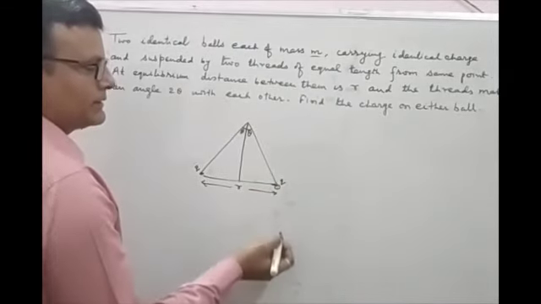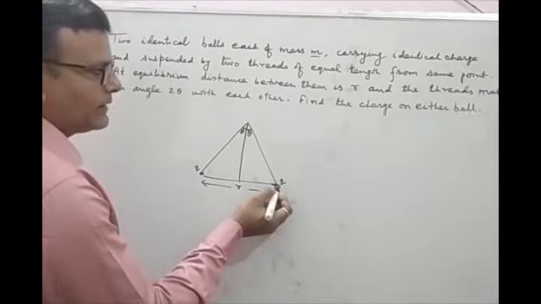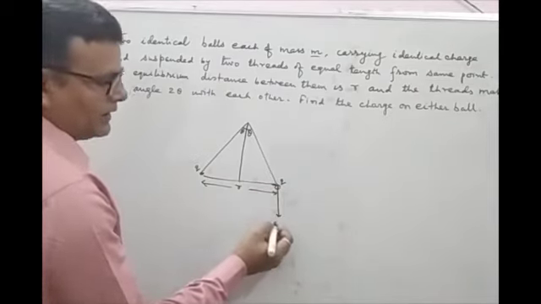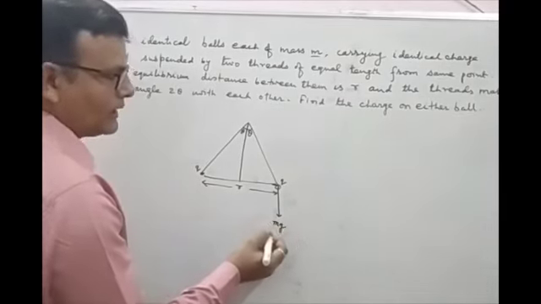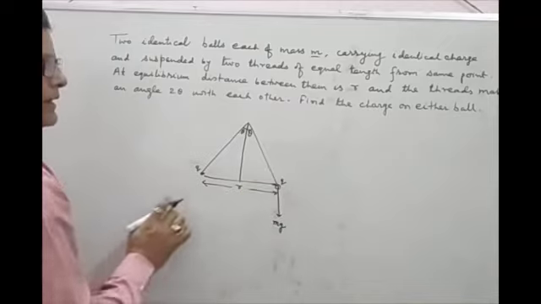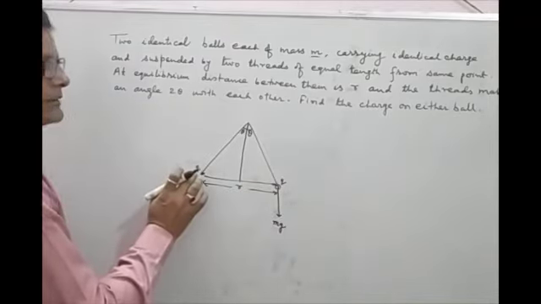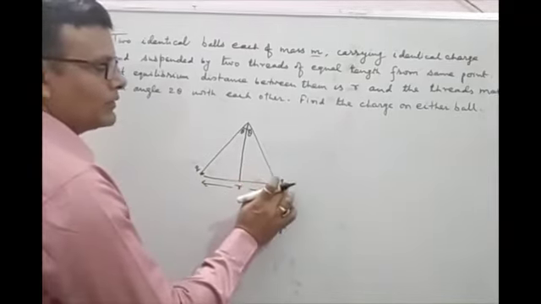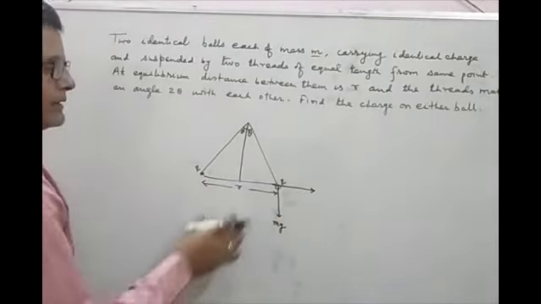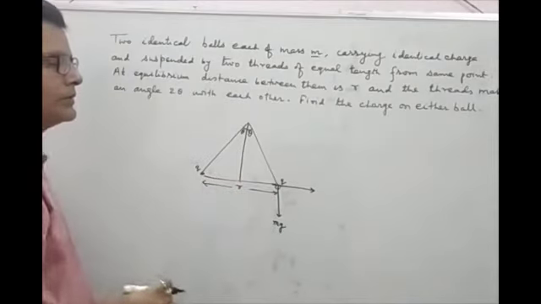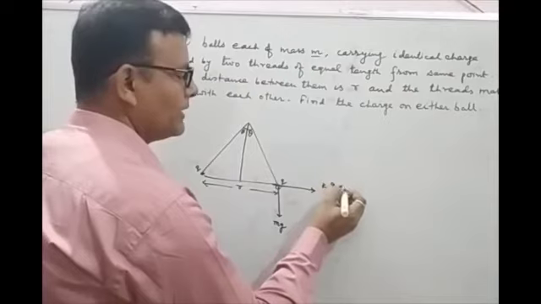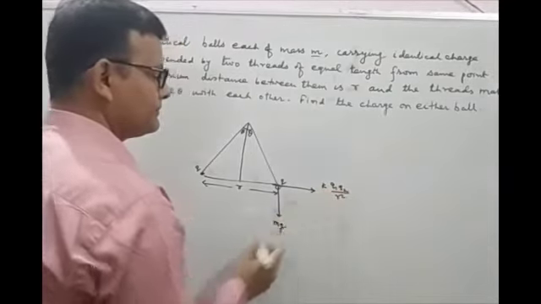Since it has mass, it will experience a gravitational force which is equal to mg along vertically downward direction. These two charges repel each other. This charge exerts a force on this charge along this direction, and this force is Coulomb force, which is equal to K q1 q2 by r square.